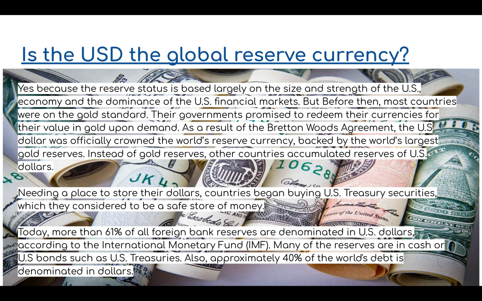Today, more than 61% of all foreign bank reserves are denominated in US dollars, according to the International Monetary Fund. Many of the reserves are in cash or US bonds, such as US Treasuries. Also, approximately 40% of the world's debt is denominated in dollars.